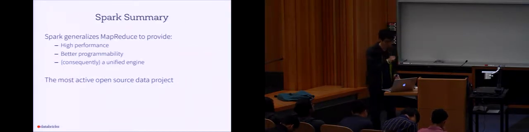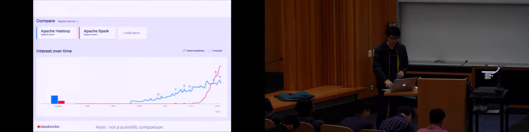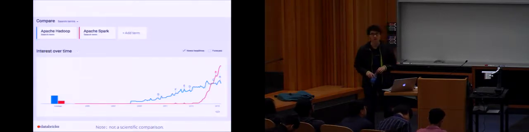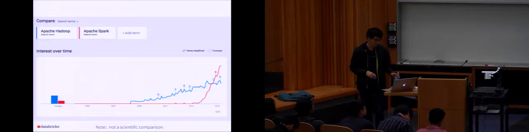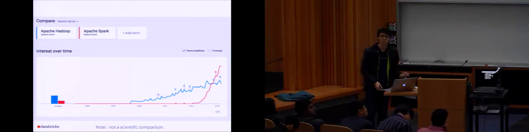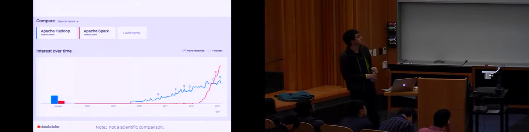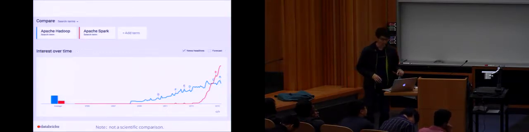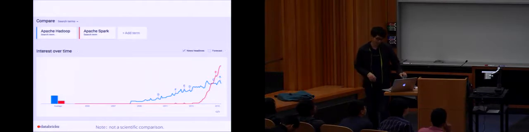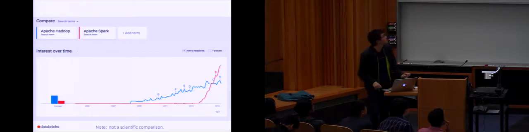And the other fun part is Spark is now the most active open source software in the big data space and also in the data space. This is a highly unscientific comparison of popularity, because I think Hadoop is probably still more popular in the sense of mentions and hits, but I don't know why Google Trends.